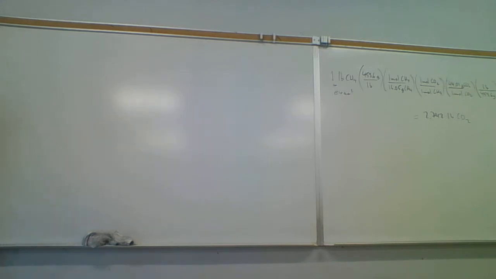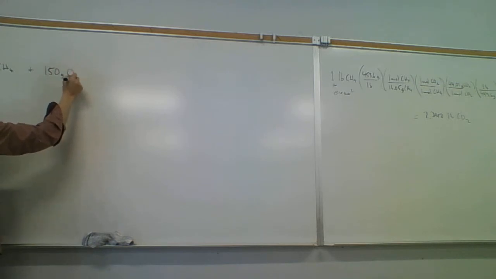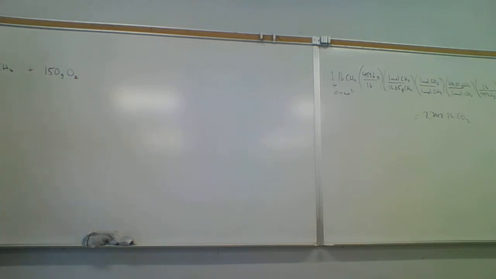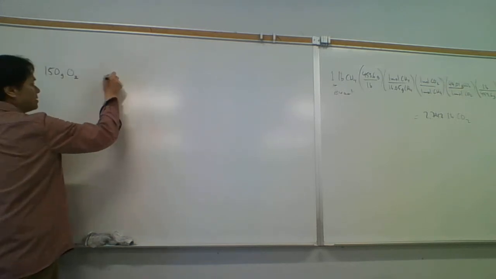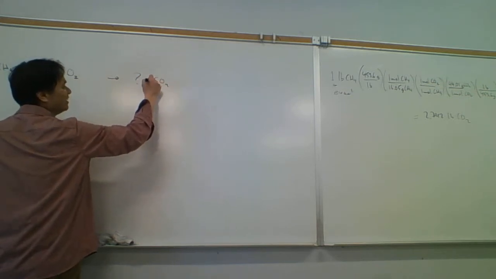And so let's say we're going to do a combustion, but in this case, I'm going to take 115 grams of methane plus 150 grams of oxygen. And the question is, if I react this mixture together, how many grams of CO2 will I get?